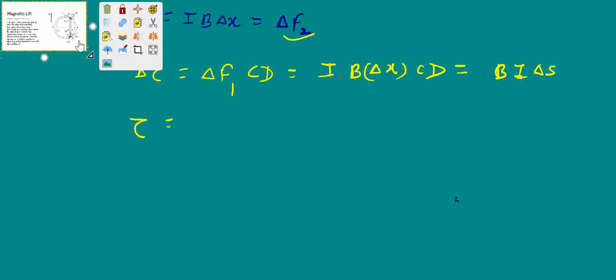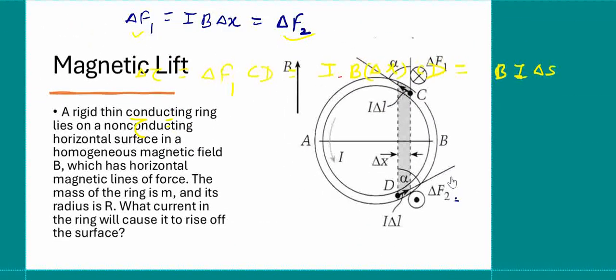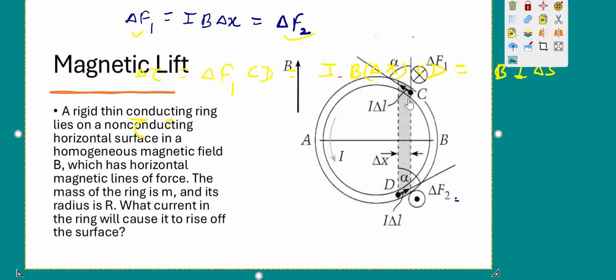You can see from this picture again. When we are trying to find the net torque on the ring, there are many analogous pairs of elements like CD on the ring, and they will all produce torques about this diameter AB.